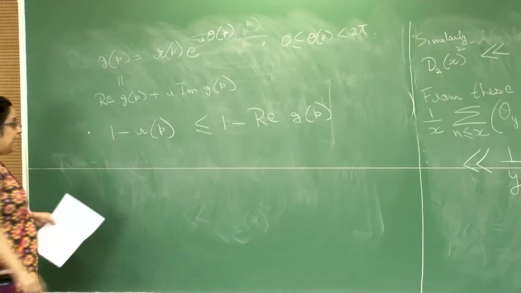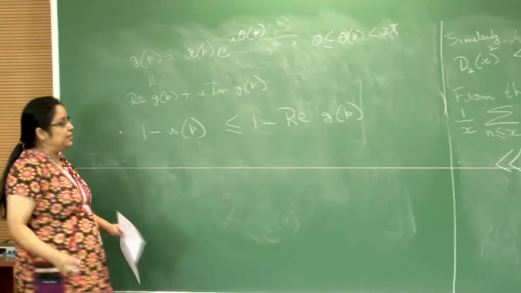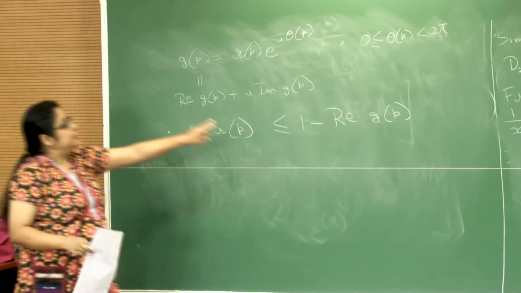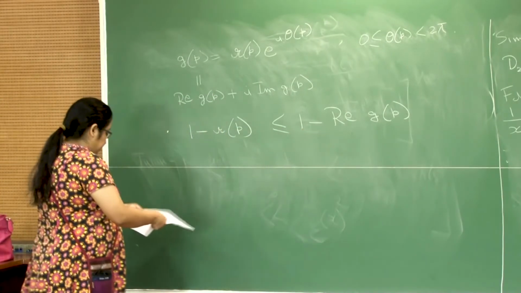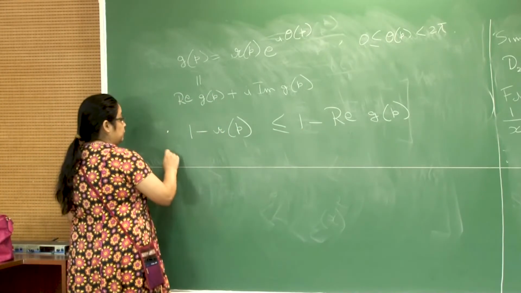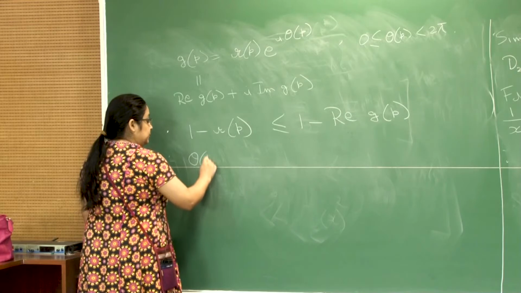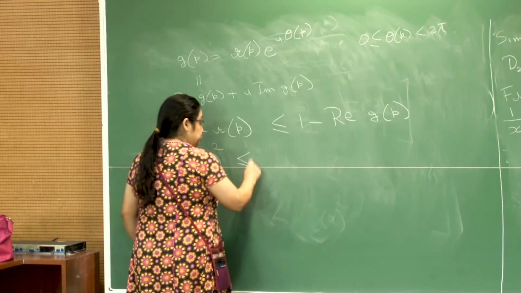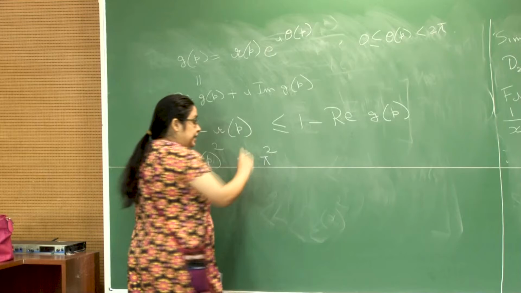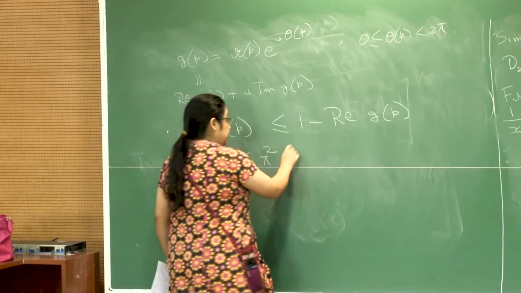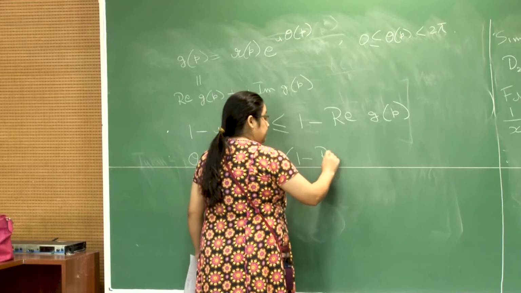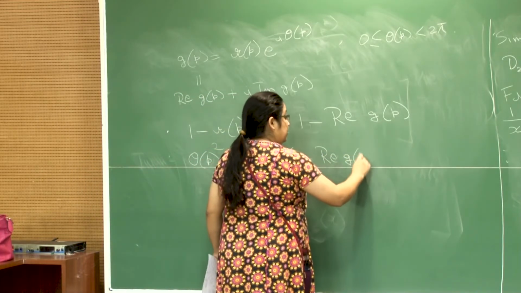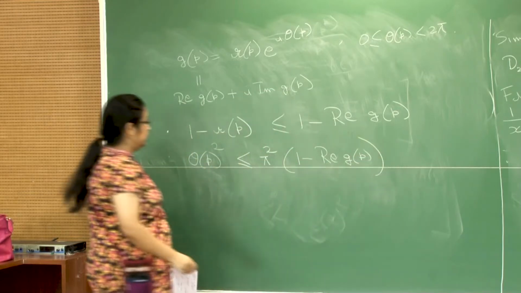And we also have that theta of p can be bounded in terms of this quantity. It turns out that theta of p whole square is less than or equal to pi square times 1 minus the real part of g of p.